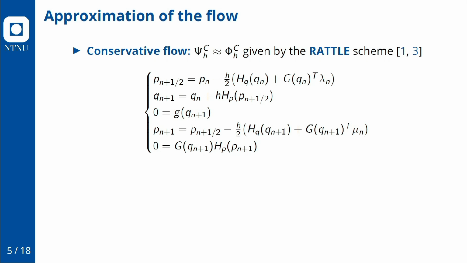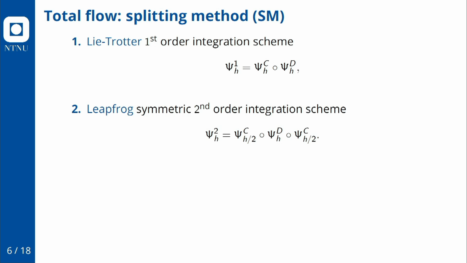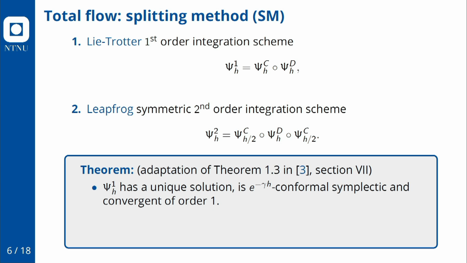I have to say yes, because the proof of this theorem here follows exactly the proof of the Rattle scheme. So I've proved the convergence of the complete method, following just a modification of the proof of the Rattle scheme.